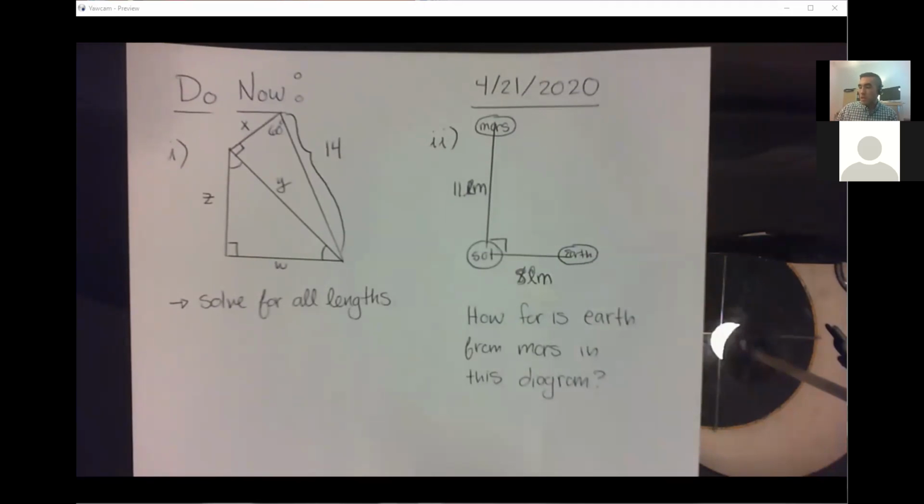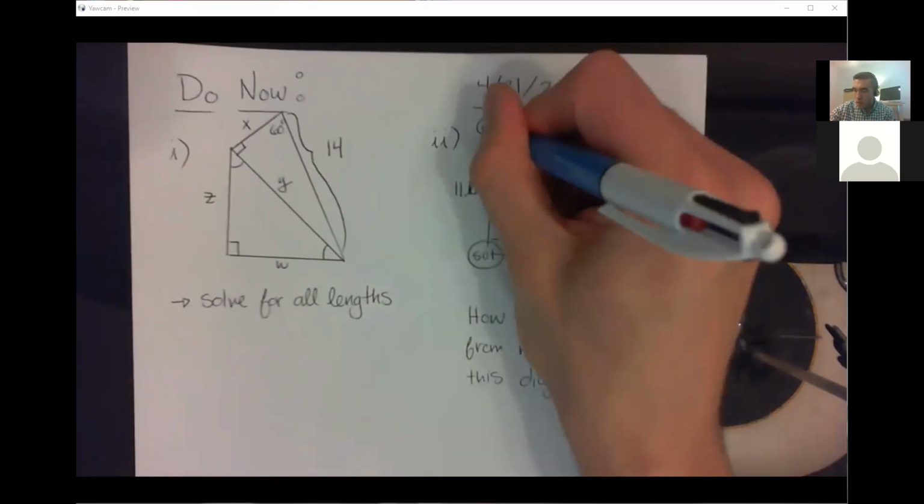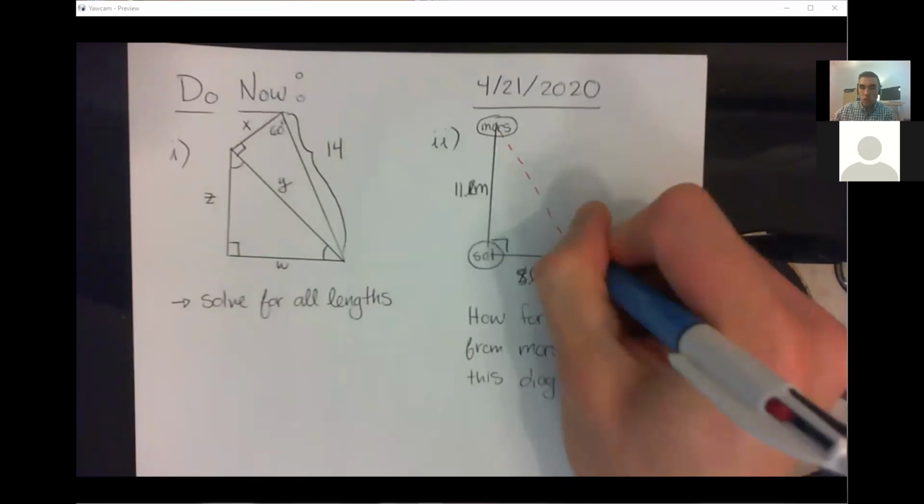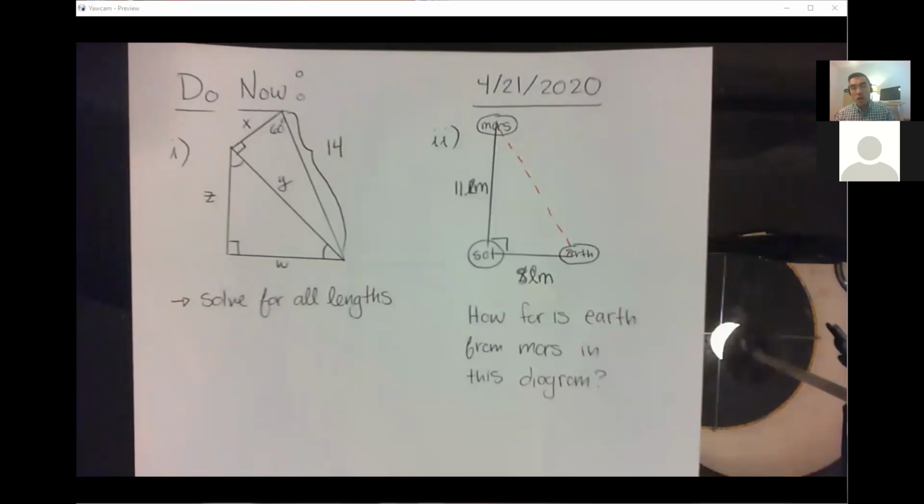So what I want to know is, right now, in the way that I drew this diagram, how far is Mars from Earth? This is not a special right triangle question. This is a regular old question. Just do the Pythagorean theorem to get that distance, and I can talk a little bit about what light distance is.